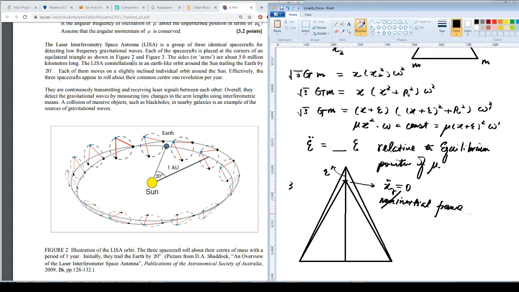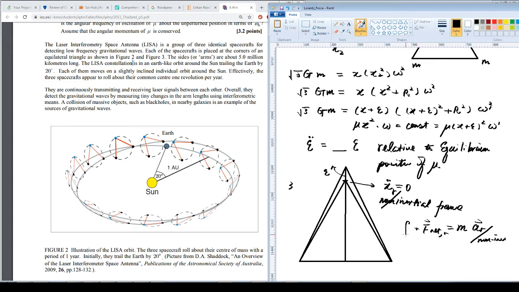So you can still set up an equation where you say F net in the radial direction equals m a_r, again relative to the non-inertial frame.